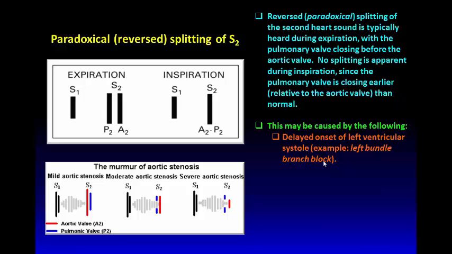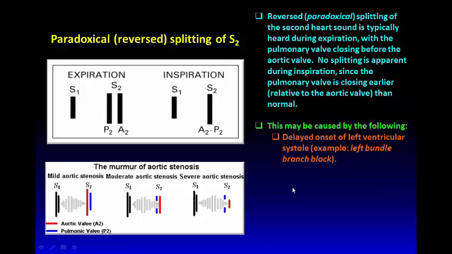So when there is left bundle branch block, it would take longer for the left ventricle to get depolarized, and hence left ventricular systole would be delayed, and accordingly the aortic valve would close after the pulmonary valve, resulting in paradoxical or reverse splitting of S2 heard during expiration.